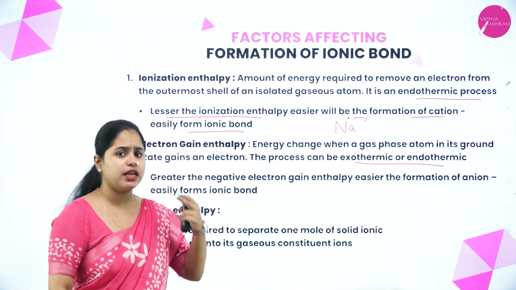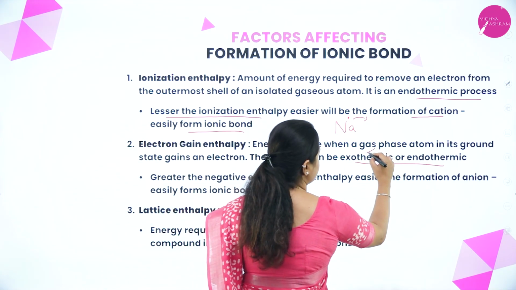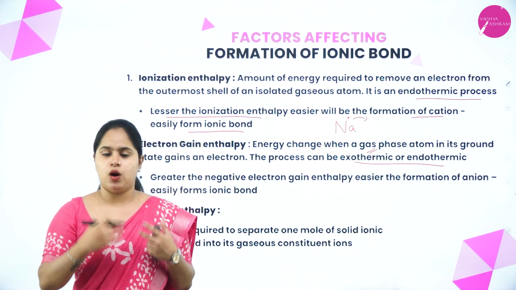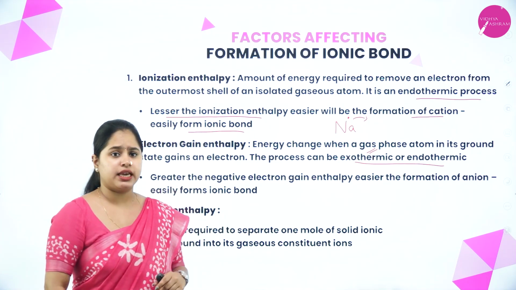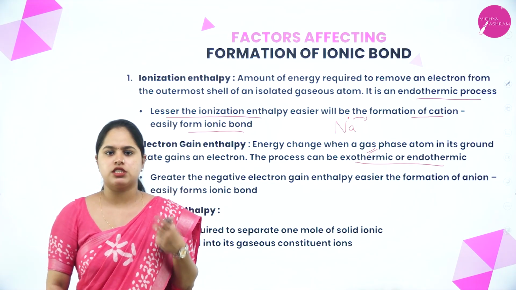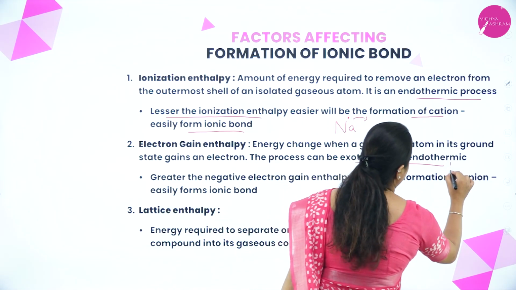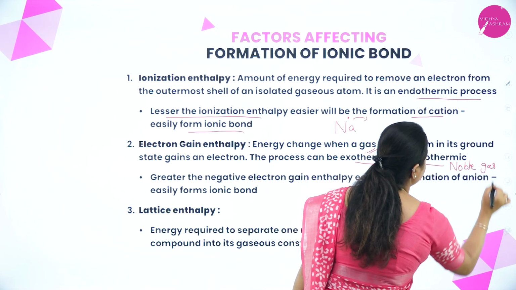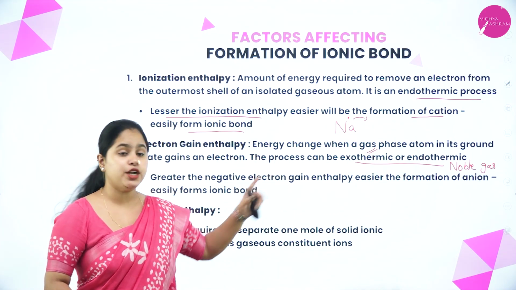So this can be an exothermic or endothermic process. In most cases, it is exothermic. That is, when an electron is accepted into the outermost shell, energy is released. But in certain cases, it is an endothermic process. Which cases are those? In the case of noble gases, electron gain enthalpy will be endothermic.